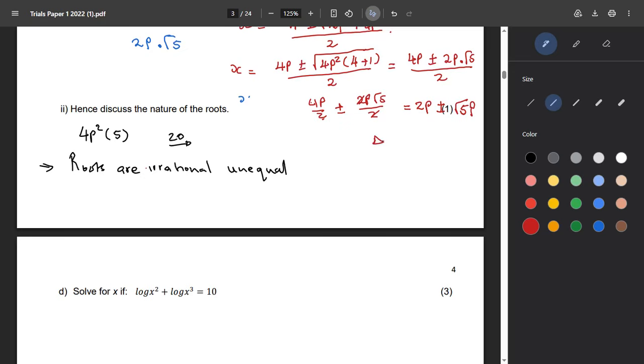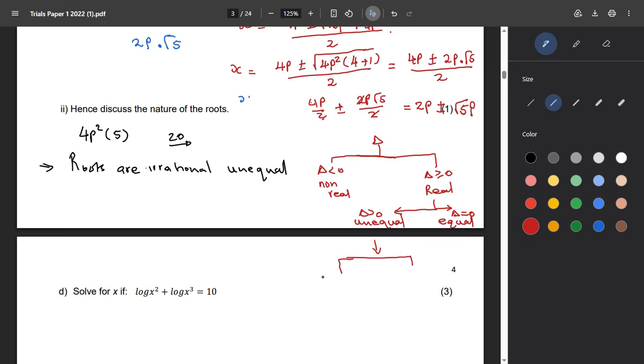So this is your discriminant, right? Either the discriminant is less than 0, then the roots are non-real, or the discriminant is greater than or equal to 0, then the roots are real. If they are real, either the discriminant is equal to 0, then the roots are equal, or the discriminant is greater than 0, then they are unequal. If unequal, it continues going down.